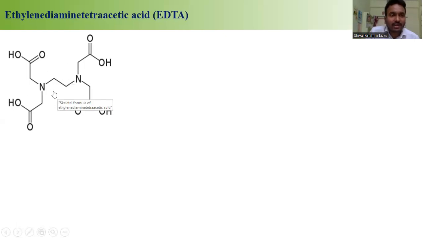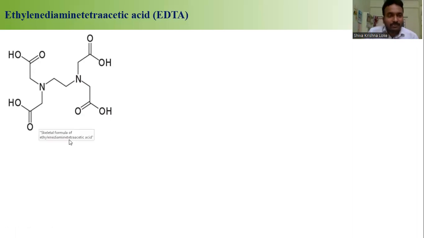These lone pairs of electrons are ready to donate to any metal center. And apart from these nitrogen atoms, we have oxygen atoms in this EDTA structure. These oxygen atoms also have lone pairs. So these four oxygen atoms are also ready to donate these electrons to any metal center.